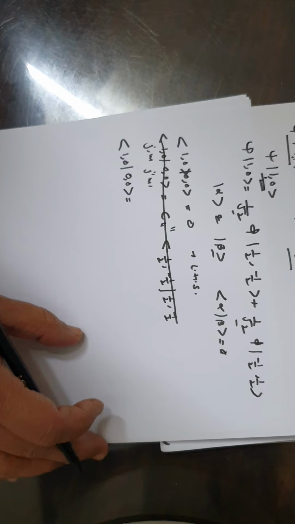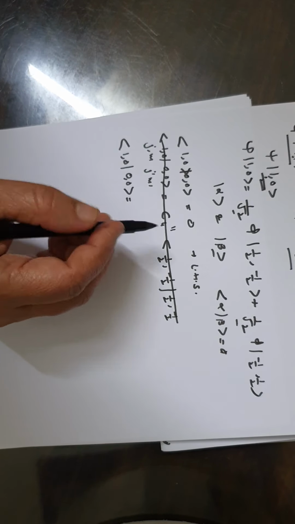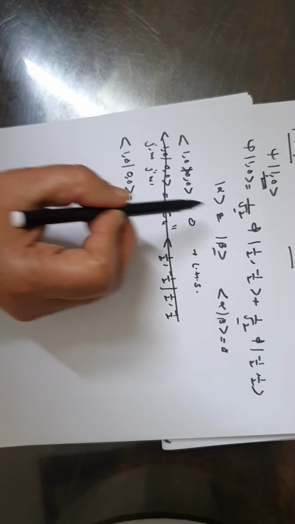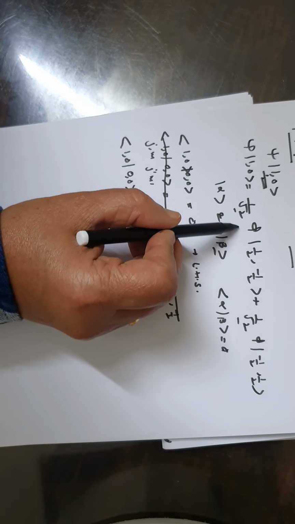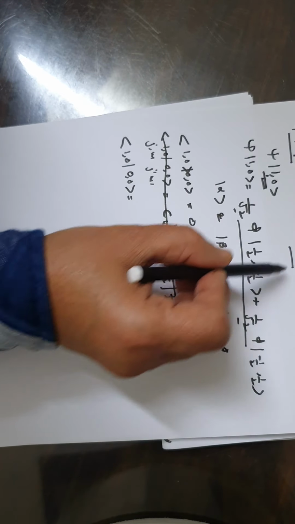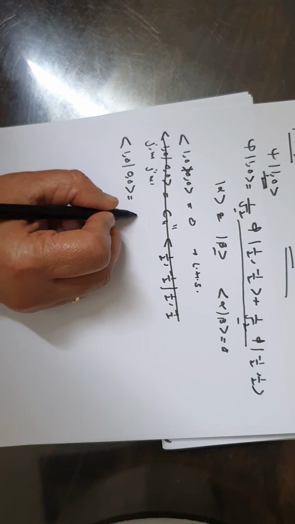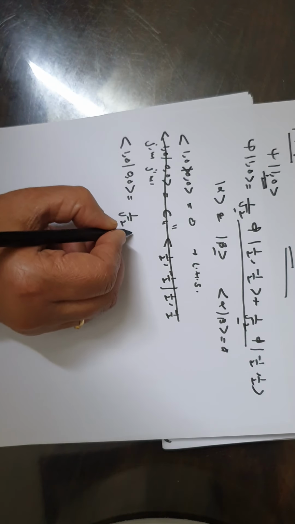This will be equal to the inner product of this state with this state, that is 1 by under root 2.